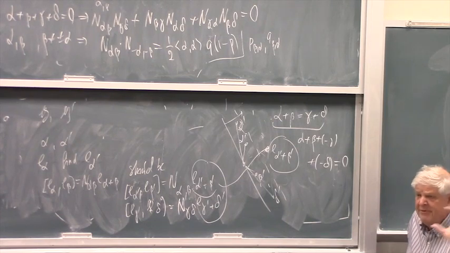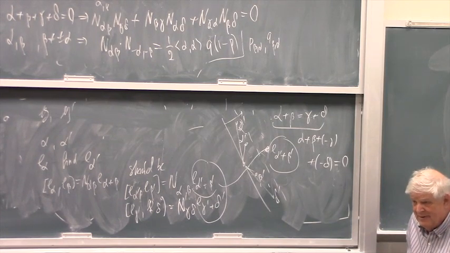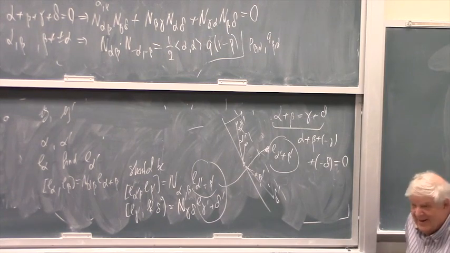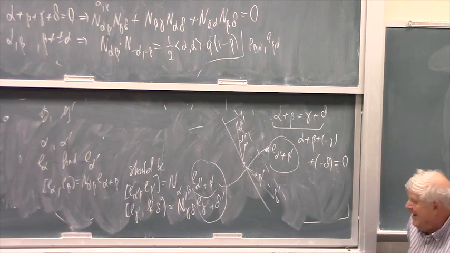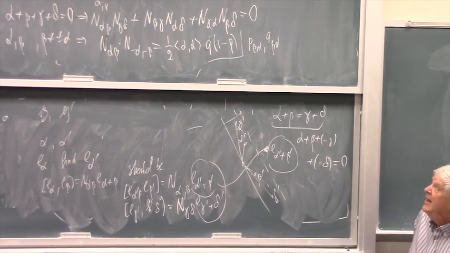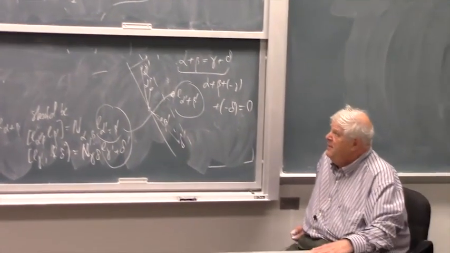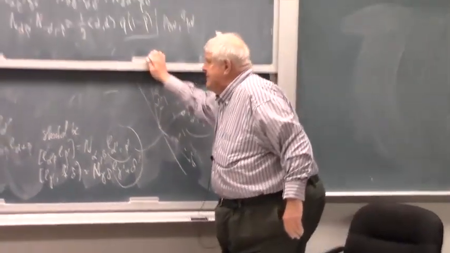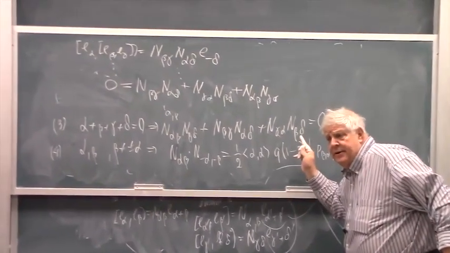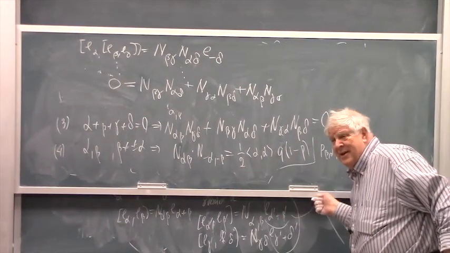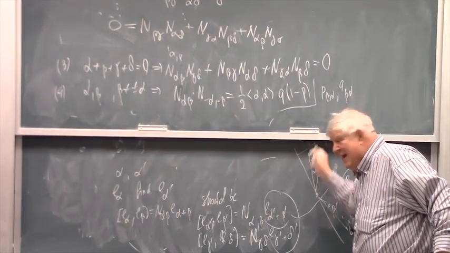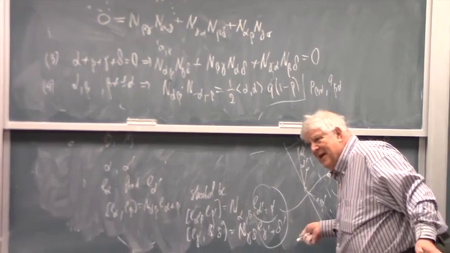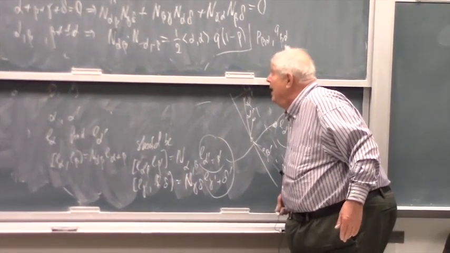This relation is the sum of three things equal to 0. And this relation actually shows that if we know n alpha beta, and by some mysterious reasons know everything here, then we know n gamma delta, which certainly can be applied to this, and then everything becomes okay.